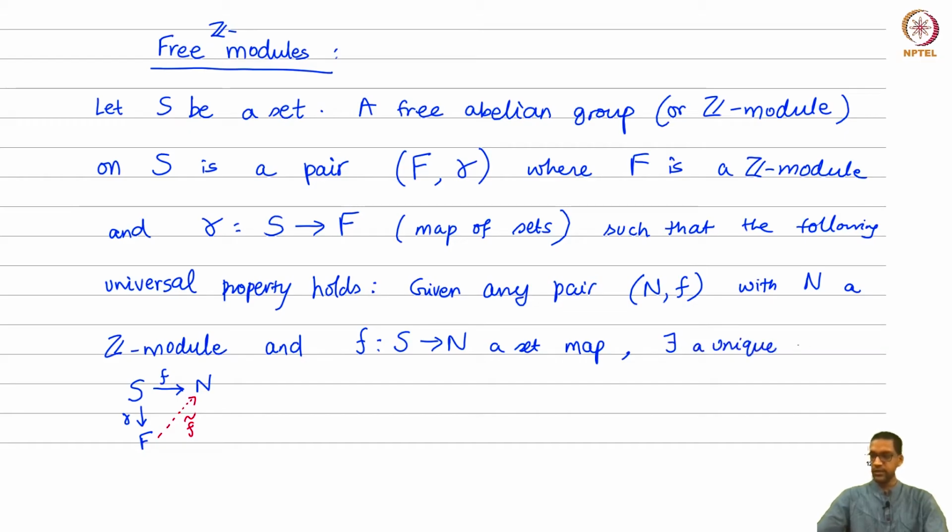There is a unique map F tilde from F to N such that two properties hold: property 1, F tilde is a homomorphism of groups, in other words it's a Z linear map, and property 2, the diagram commutes.